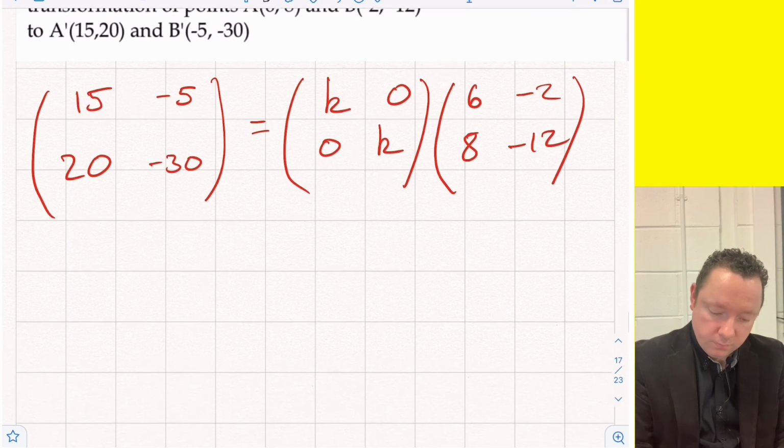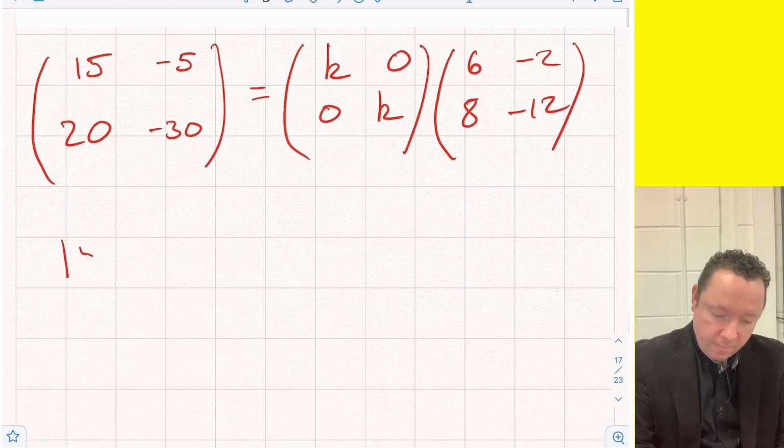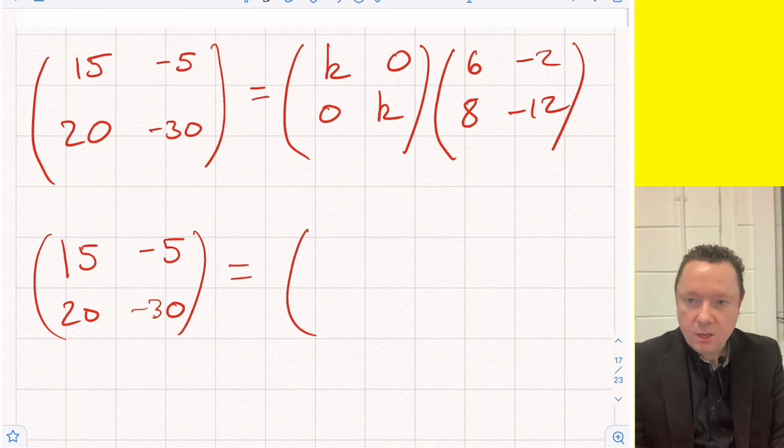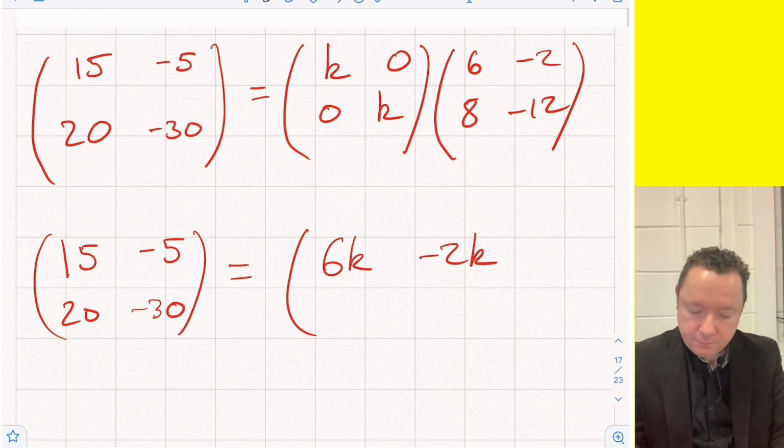So we've got 15, minus 5, 20, minus 30 equals, let's multiply these matrices together, 6k, minus 2k, 8k, minus 12k.